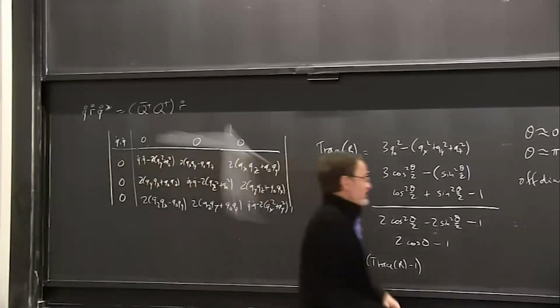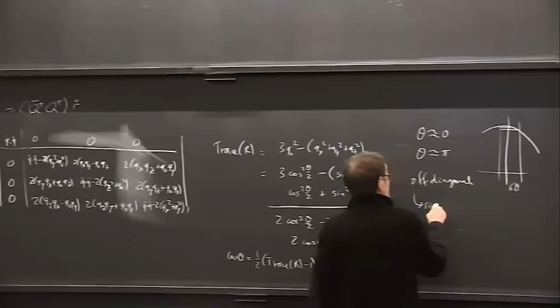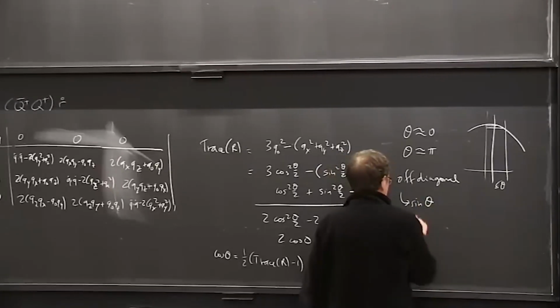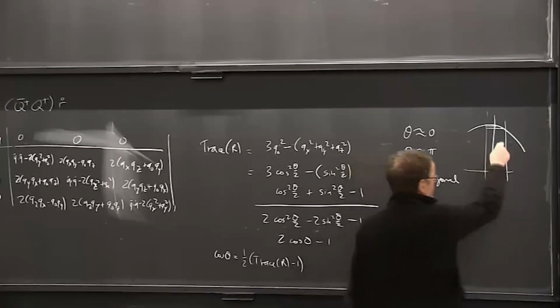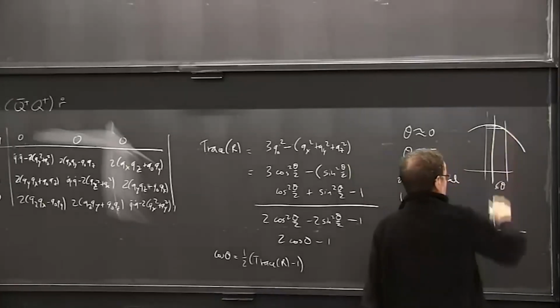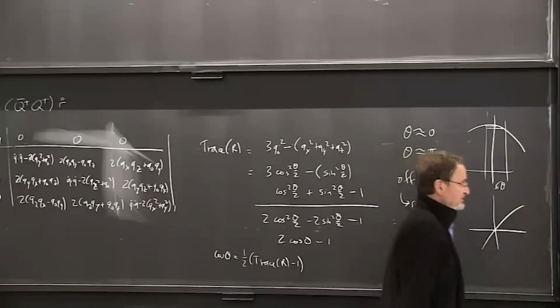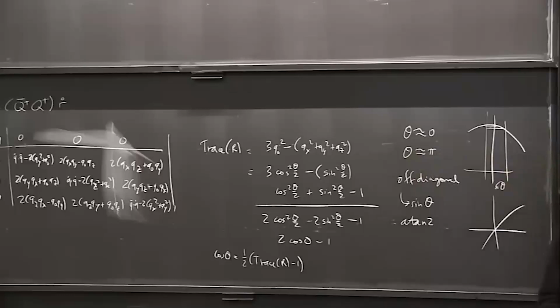So anyway, we need to get sine theta so that you can then use atan2 and avoid that problem, because where this one is bad, sine theta is good. So, okay, that's one way to go.